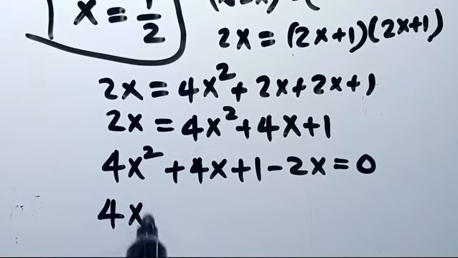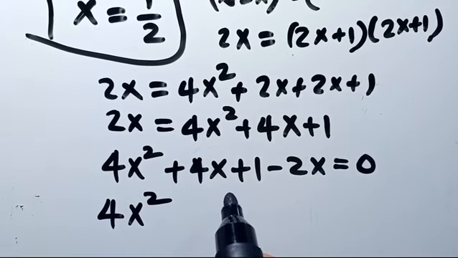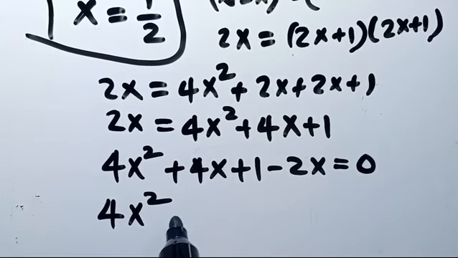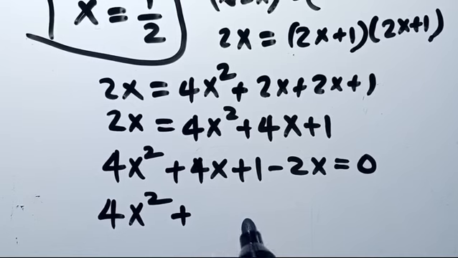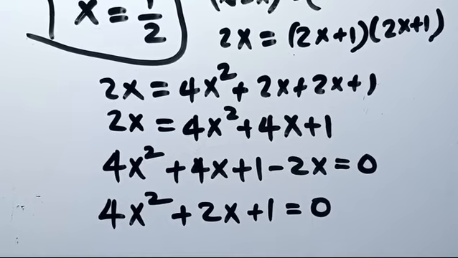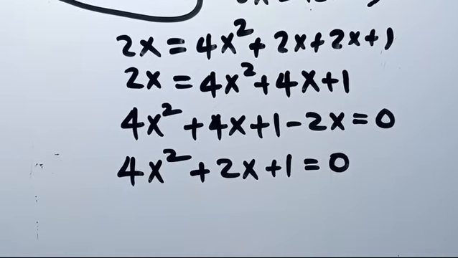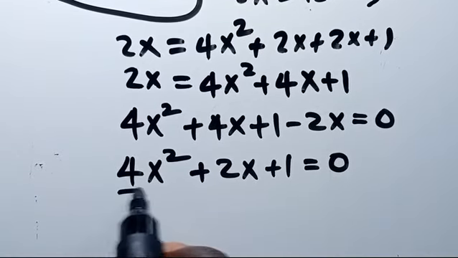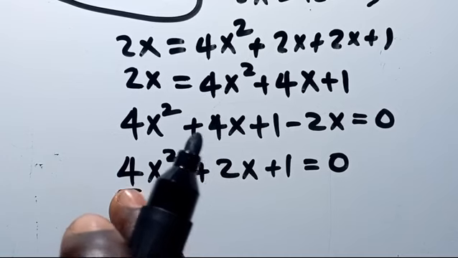We have 4x squared, and this and this will be plus 2x plus 1 equals 0. Now from here, divide 2 by 2, 4 by 4.